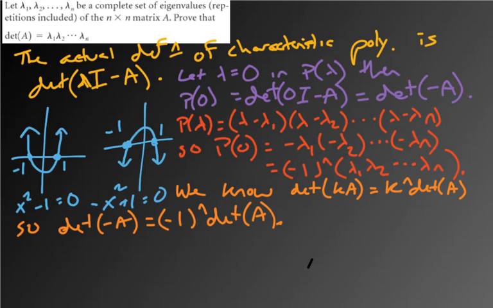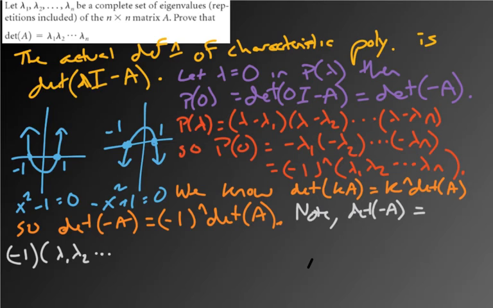Up here, P of 0 is the determinant of negative A, and P of 0 is also this thing. Using those two, the determinant of negative A equals negative 1 to the n times lambda 1, lambda 2, and so on through lambda n.